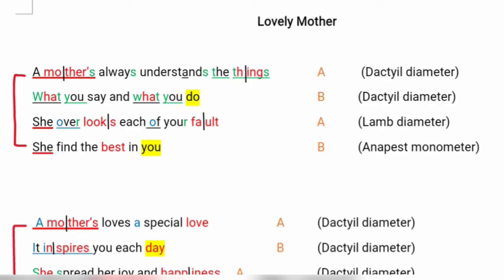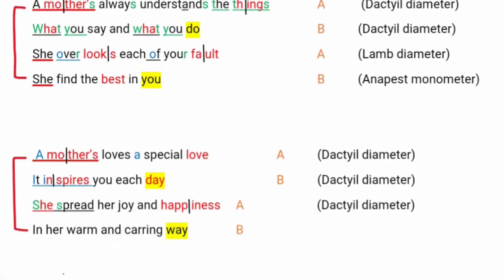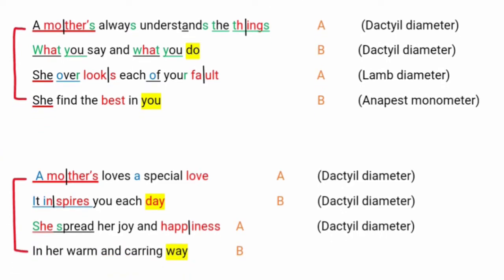And the red color of the word is repetition. The red line is a repetition.